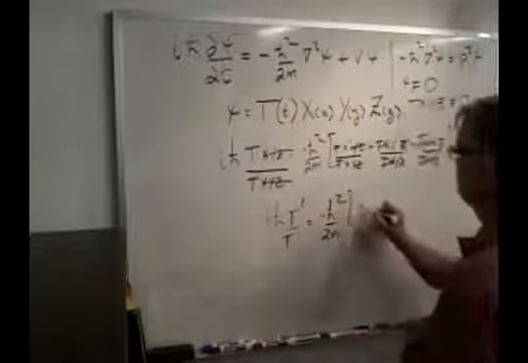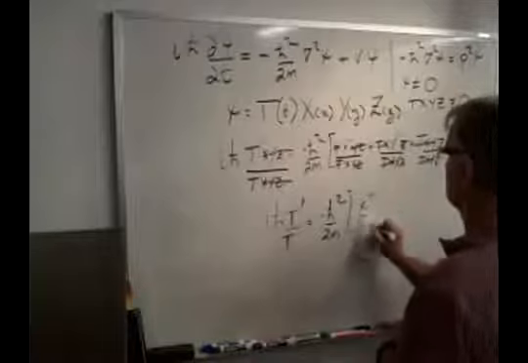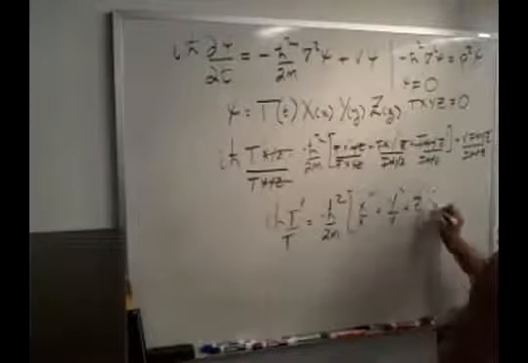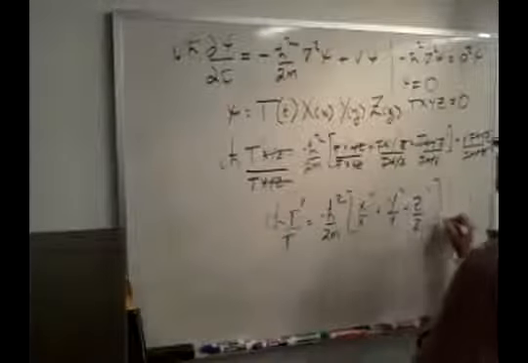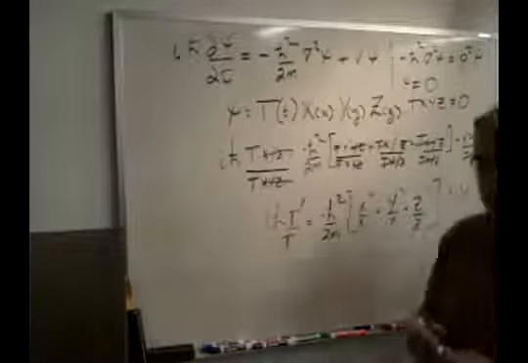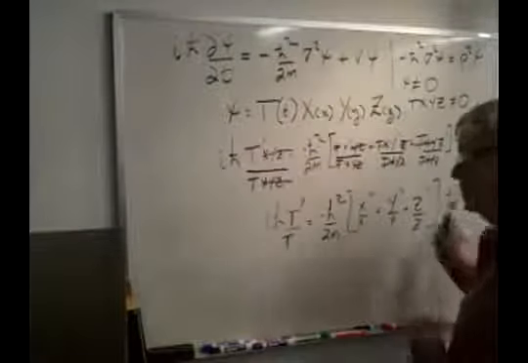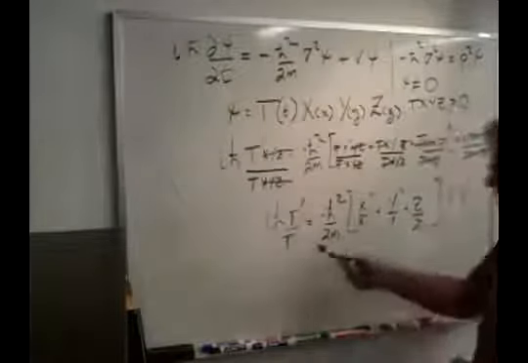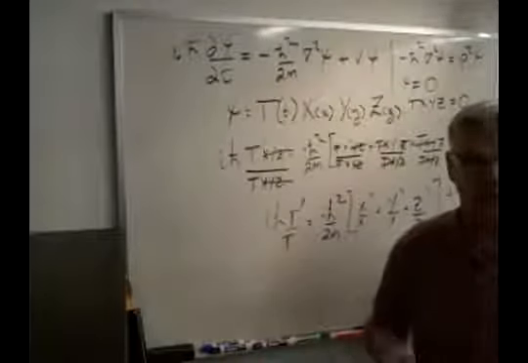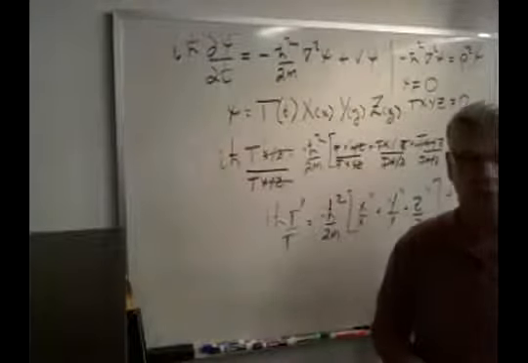The variables are separated nicely. X double prime over X, Y double prime over Y, Z double prime over Z, plus a constant V, which means, of course, it separates out because the linear function will end up with the constant at the end. So now we can set forward the eigenvalues for each of these terms and then be able to move to a general solution of Schrödinger's equation.